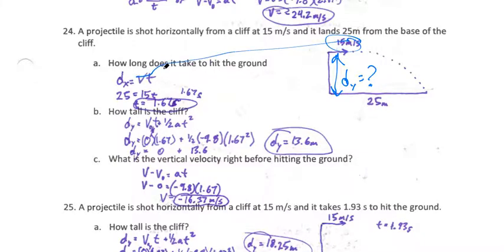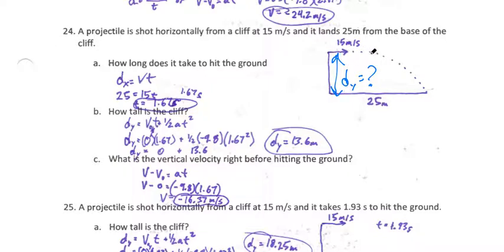I can figure out what my time is. So 25 meters for my distance, 15 meters per second for my velocity, 25 divided by 15 gives me 1.67 seconds. So it's going to take 1.67 seconds to fall.